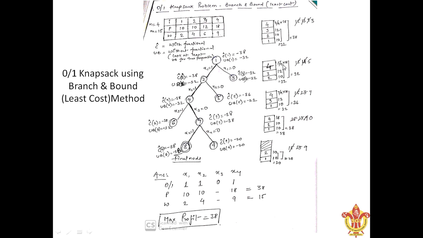Do the calculation: 18 divided by 9, 9 2s are 18, 2 5s are 10, 22 plus 10 is 32. So 32 will be the cost of this one, and it will be on the negative side, so the negative value will be used. So upper bound and cost will be calculated.